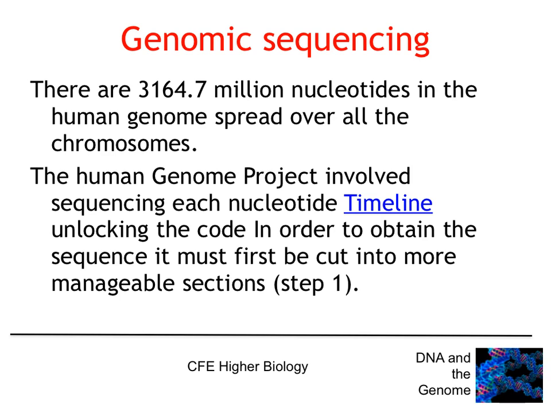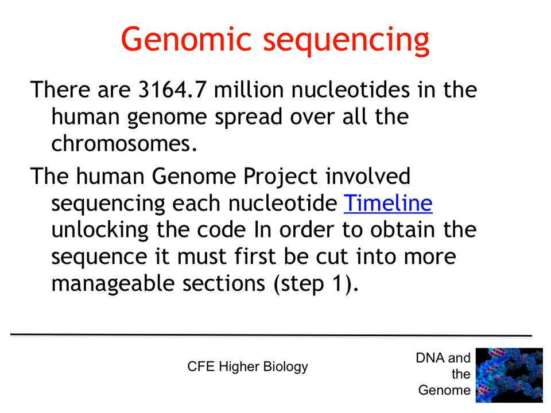Now there are about, as you'll see here, 3,000 million nucleotide bases in the human genome spread over all the chromosomes. So the project involved sequencing each of these nucleotides.